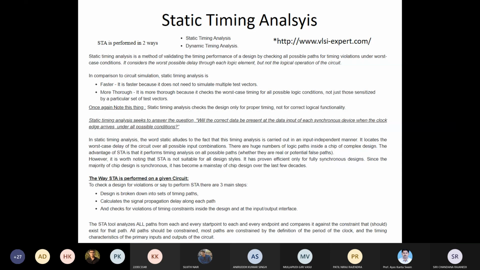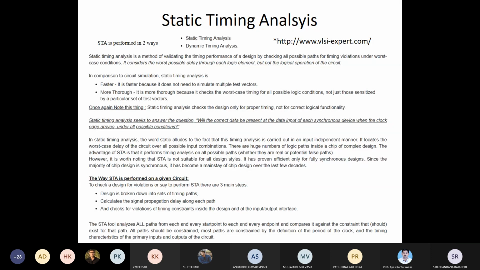What we have written here: static timing analysis is a method of validating the timing performance of a design by checking all possible paths for timing violations under worst case conditions. There will be various timing paths, which means various flip-flops with some path connected between them.